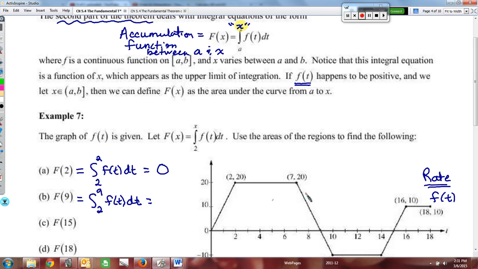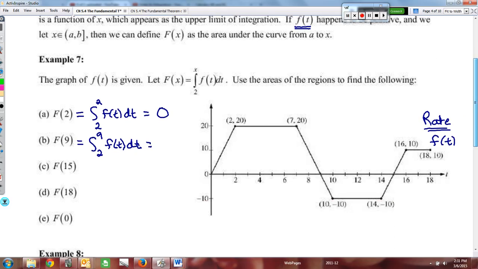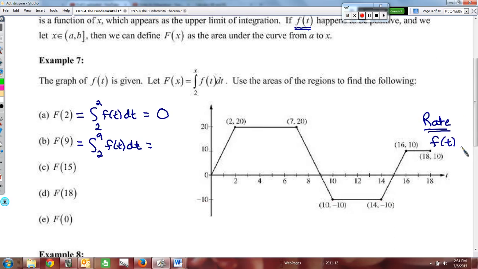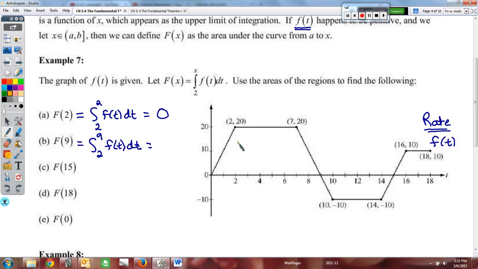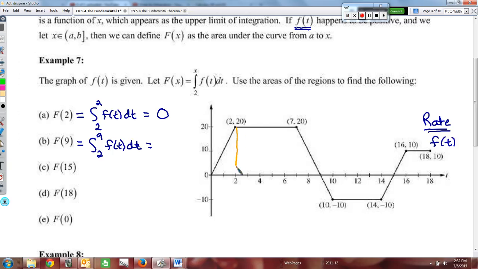All right, and then so now I need to do this. We recognize that we can calculate definite integrals using area. Okay, and if I can calculate it using area, I'm going to figure out my accumulation. I'm going from 2, let's just change color here so we can see what we've got. I'm going from 2 all the way up to 9. So I'm essentially calculating this area right here, which hopefully you will notice has 2 parallel sides, so it's a trapezoid.